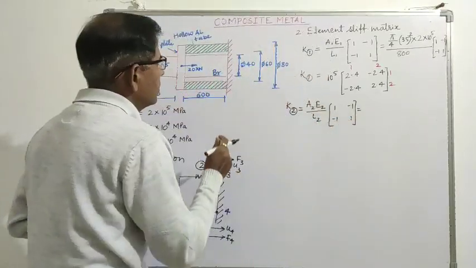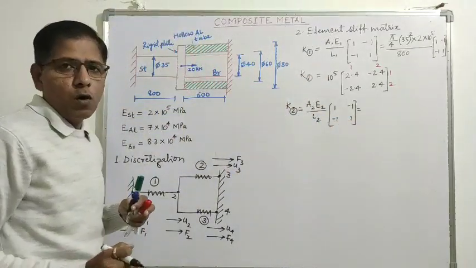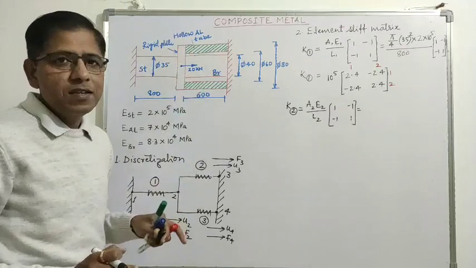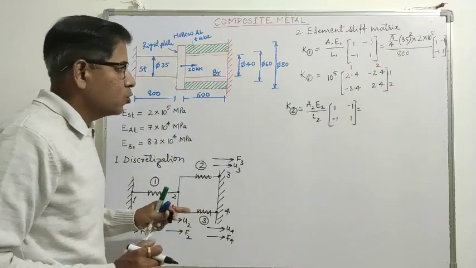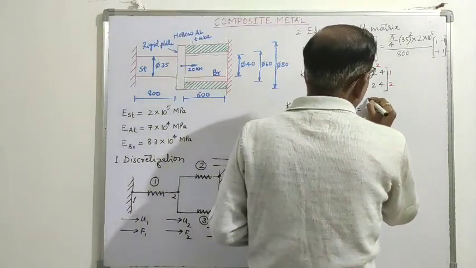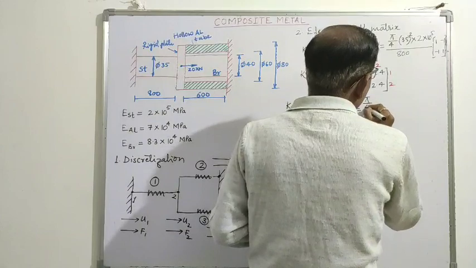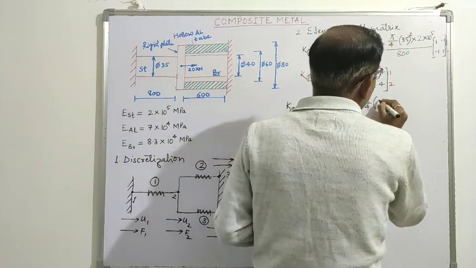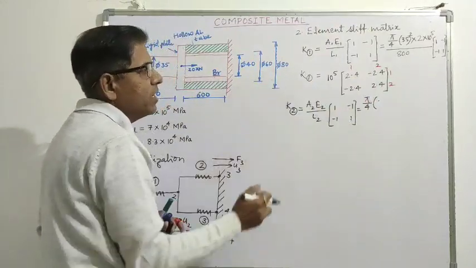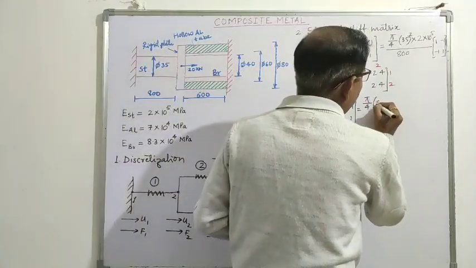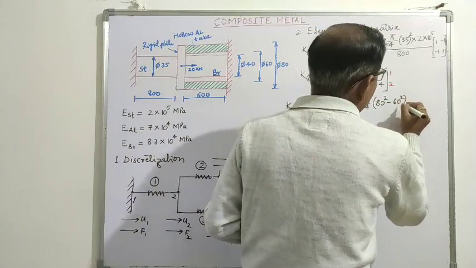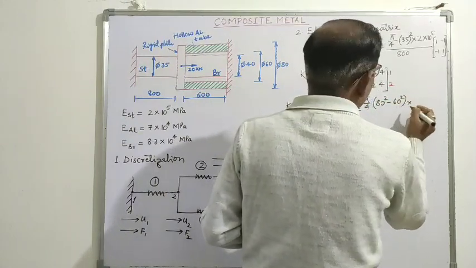A2 is the area of the second element, the hollow aluminium tube, which will be pi by 4, where ID is 60 mm and OD is 80 mm, so 80 square minus 60 square, into E2.